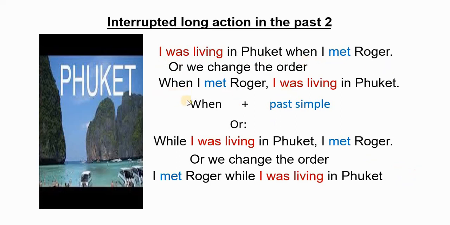Number 2, when I met Roger, I was living in Phuket. Number 3, while I was living in Phuket, I met Roger. Number 4, I met Roger while I was living in Phuket. Okay guys, so again, these 4 sentences are all correct. They all mean the same thing.